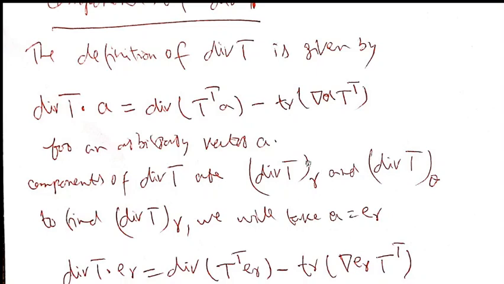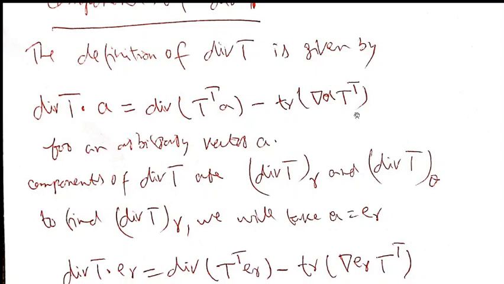Similarly here, if you want to find the r component of the divergence of T, you will take the dot product of this vector with er, because this component is in the direction of er. To find it, simply replace A with er: divergence of T dot er equals divergence of transpose of T times er, minus trace of T times gradient of er.